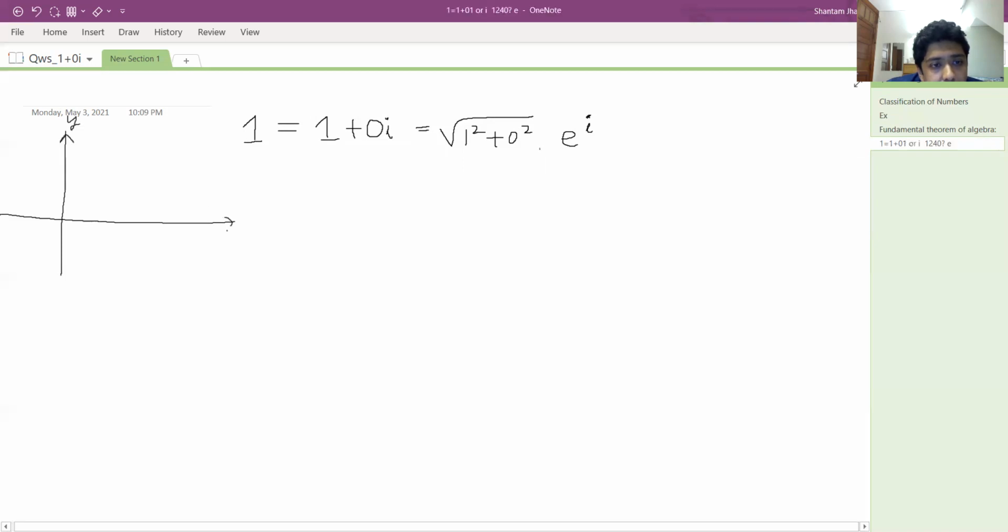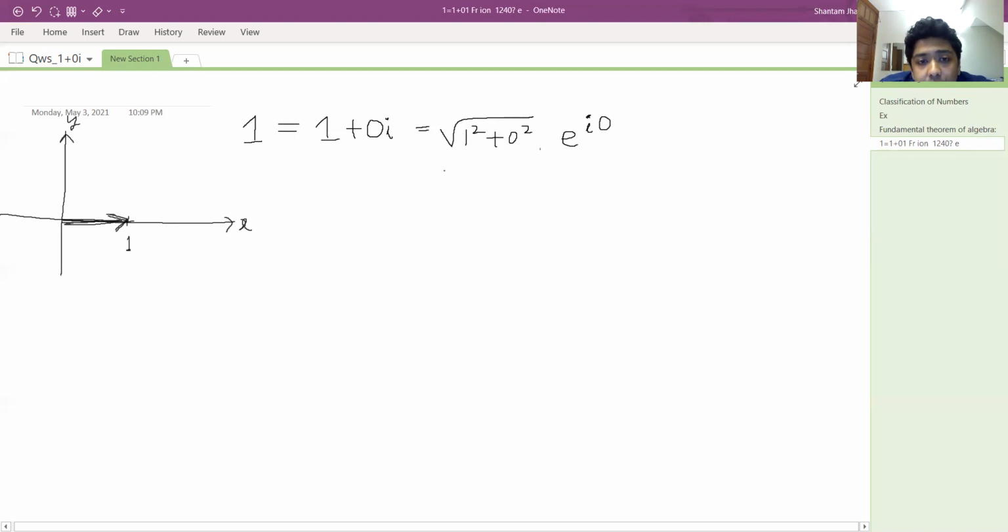This is y imaginary, this is x real, and my number known as 1 is a vector in R2, which looks like this, right? I'm going to call this 1. So what's the theta with respect to the x-axis? Well, this vector is parallel to the x-axis. Therefore, theta is going to be 0.